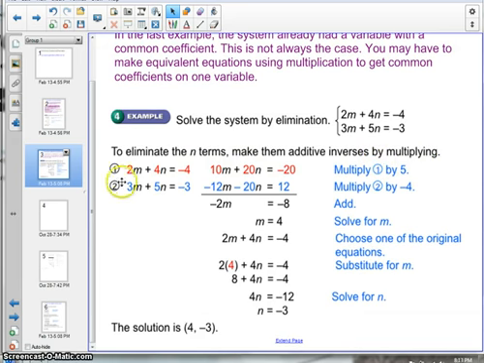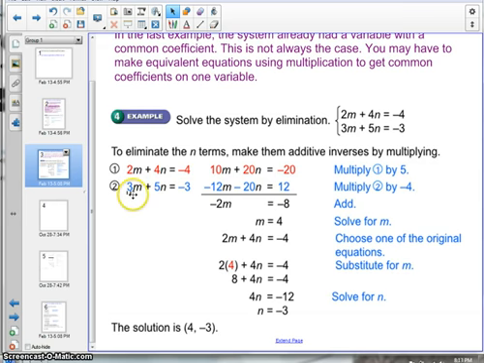So they take this first equation, 2m plus 4n is equal to negative 4, and they multiply it by 5. So 2m times 5 is 10m, 4n times 5 is 20n, negative 4 times 5 is negative 20, which gives us this resulting equation. Then they want to multiply this second equation by negative 4 in order to get a negative 20n.